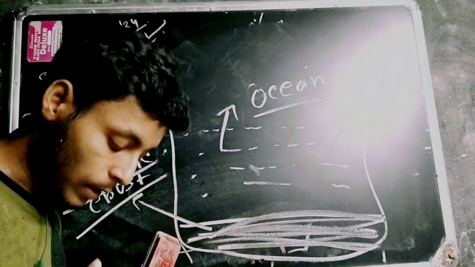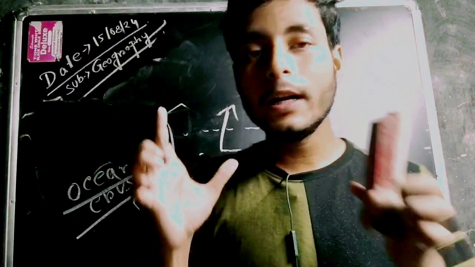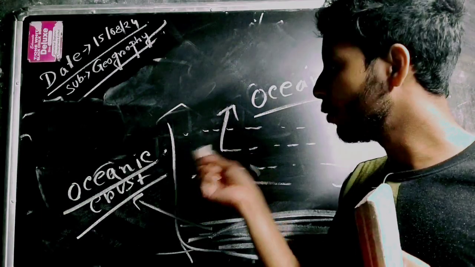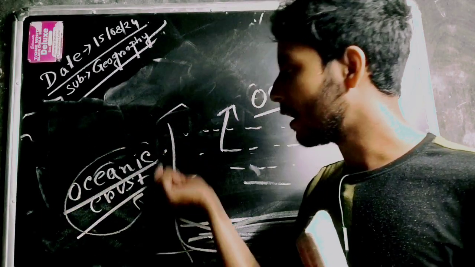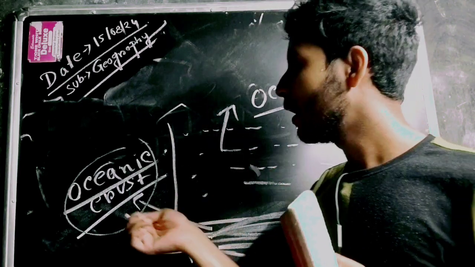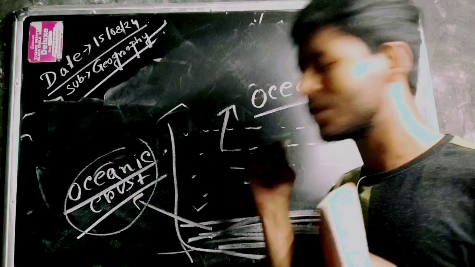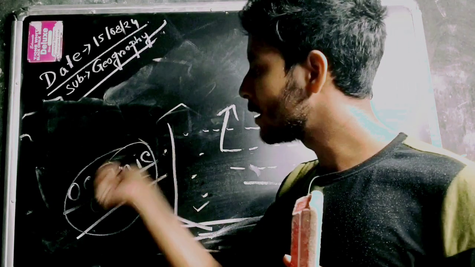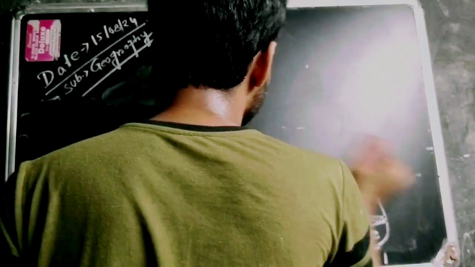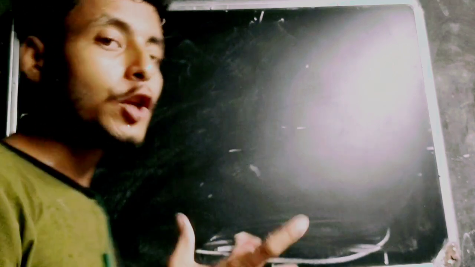So from the beginning, the crust is divided into two parts. The first is the continental crust, and the second is the oceanic crust. The upper portion of the continent is the continental crust, and the lower portion of any ocean is the oceanic crust.